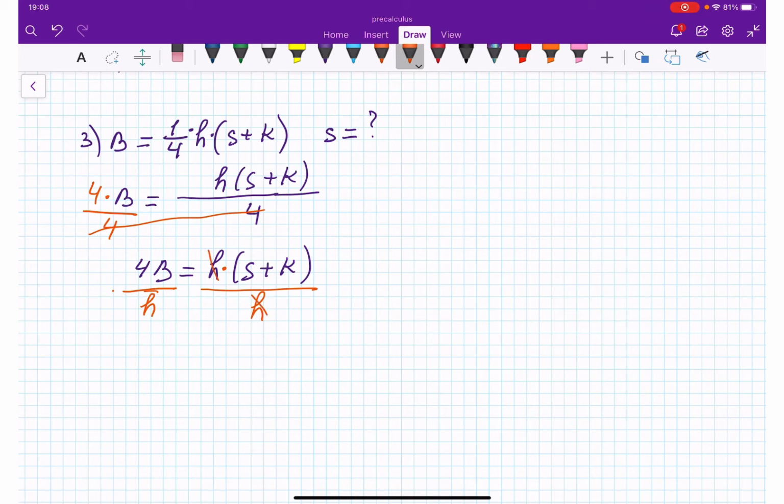This is gone, and we get 4B over H equals S plus K.